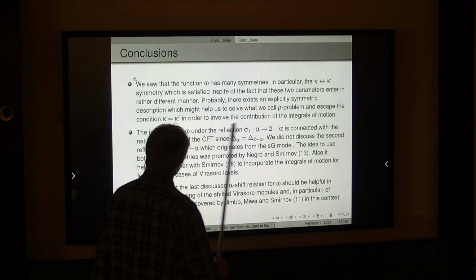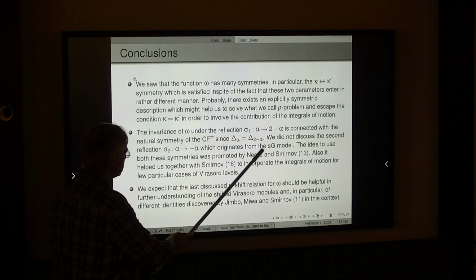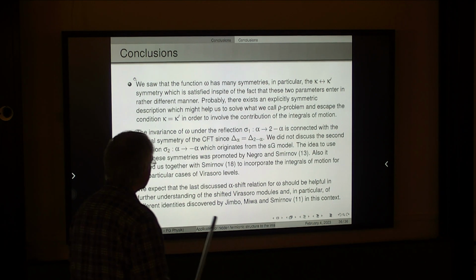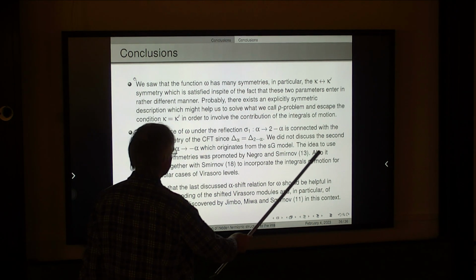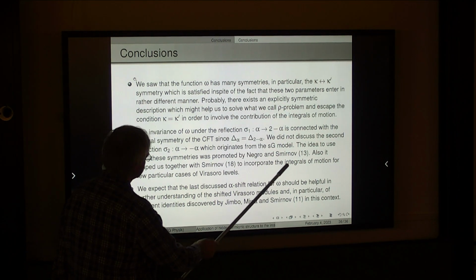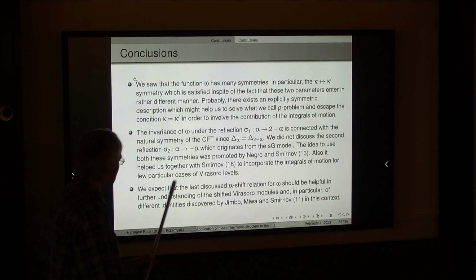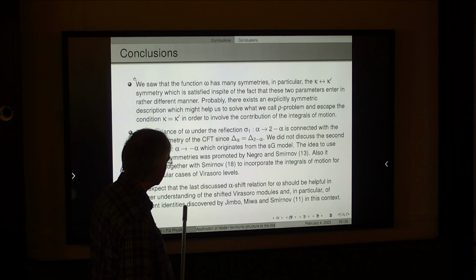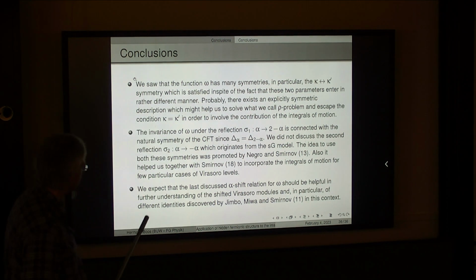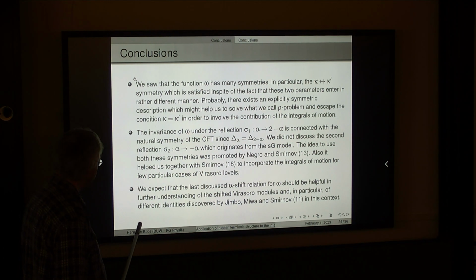I did not discuss the second reflection, which originates from the Sinh-Gordon model, but Fedya discussed it. So the idea was promoted by Negro and Fedya, and it helped us to incorporate several integrals of motion for a few particular cases, which Fedya explained in his talk.